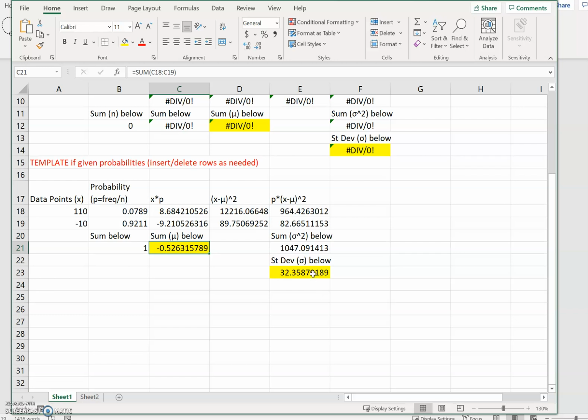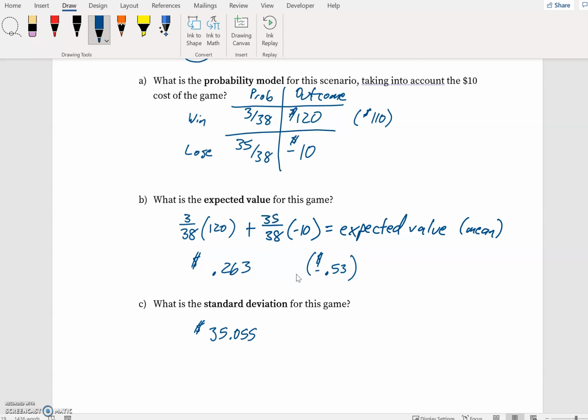And standard deviation will probably be similar. Sure enough, it is 32.358. Okay, so let's say 32.36, just to keep it simple. So 32.36, again, if we're talking about the 110 instead of the 120.